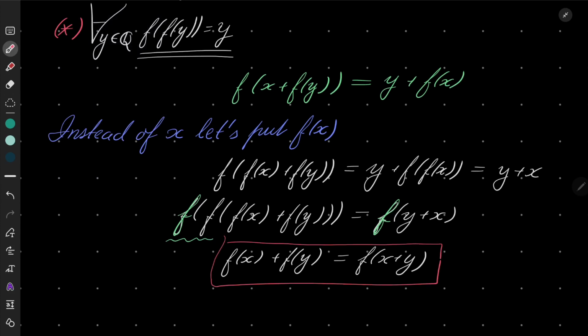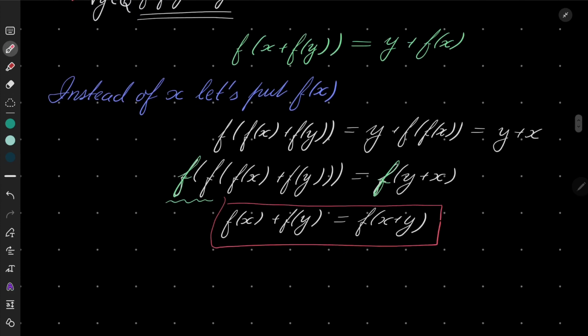Exactly, so that's right, it's Cauchy's functional equation.